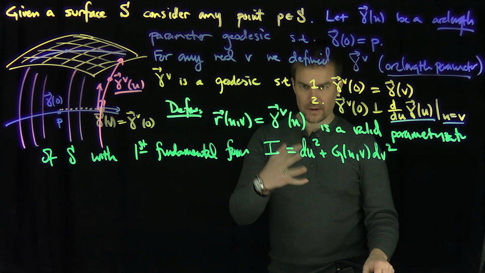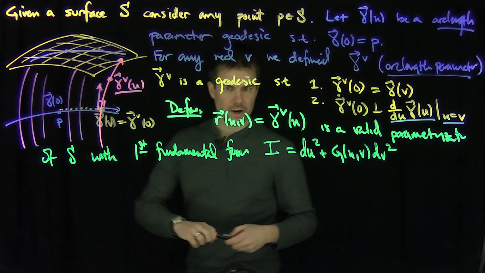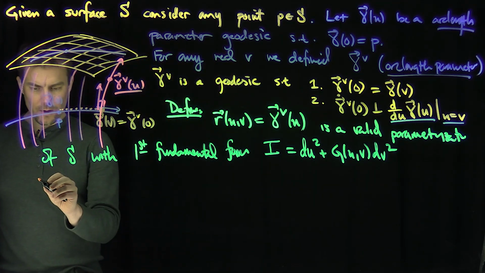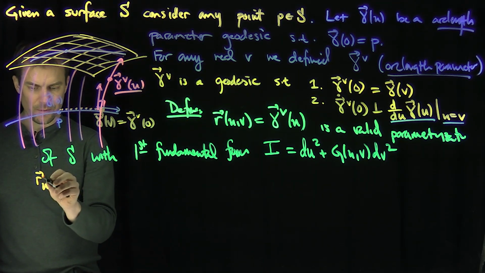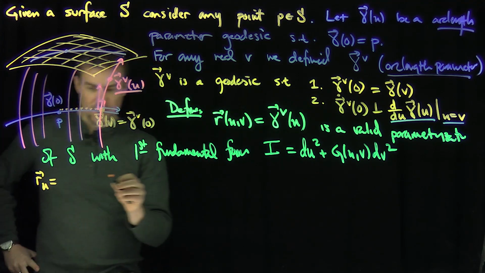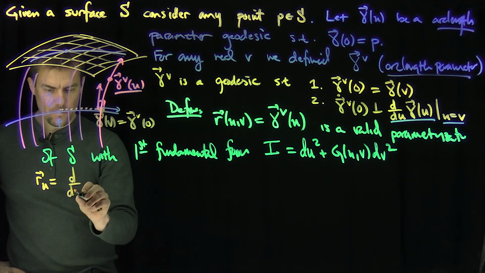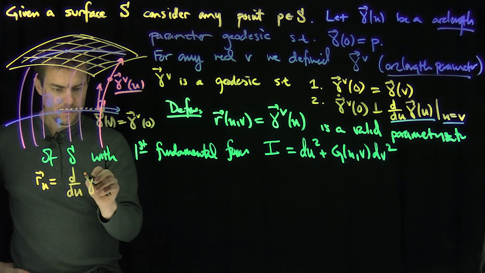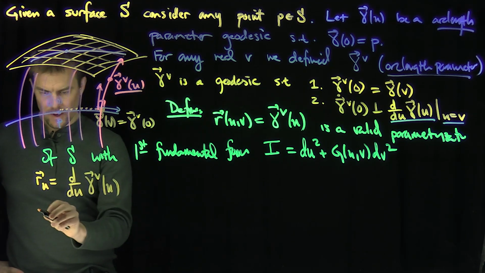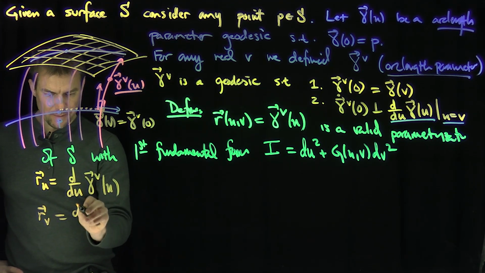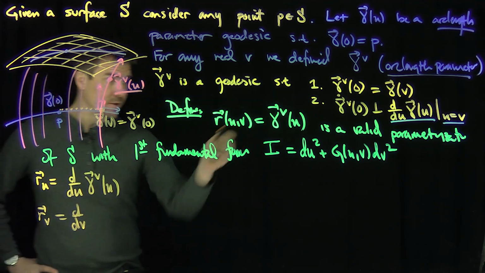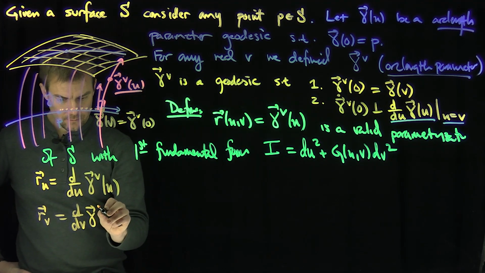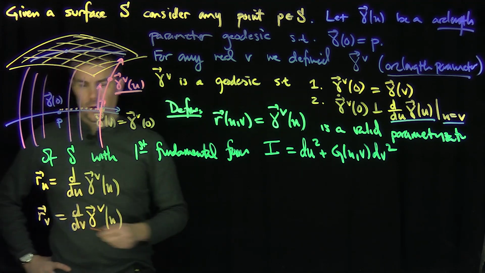Now, what would r sub u be, right? Let's look in particular at this point. r sub u is going to be d by du of this, and r sub v is d by dv of this.